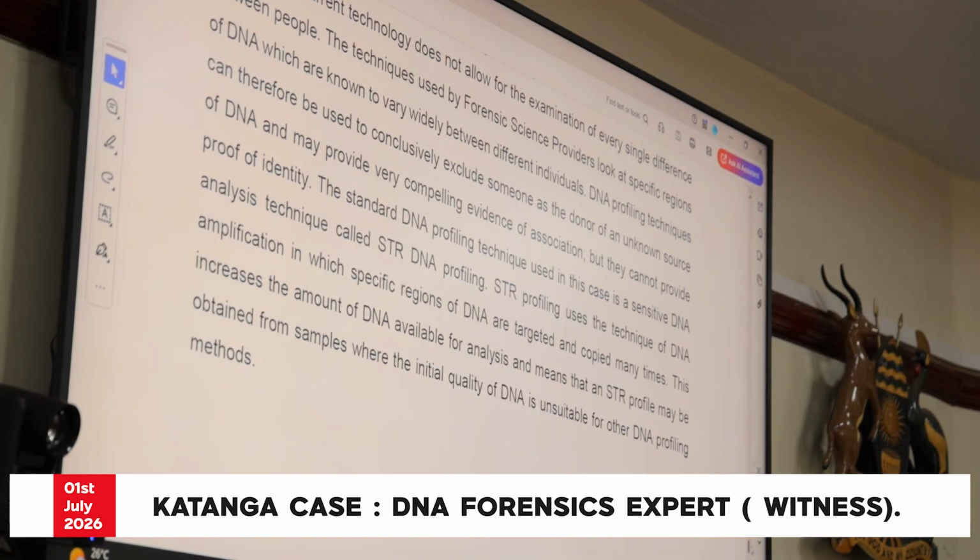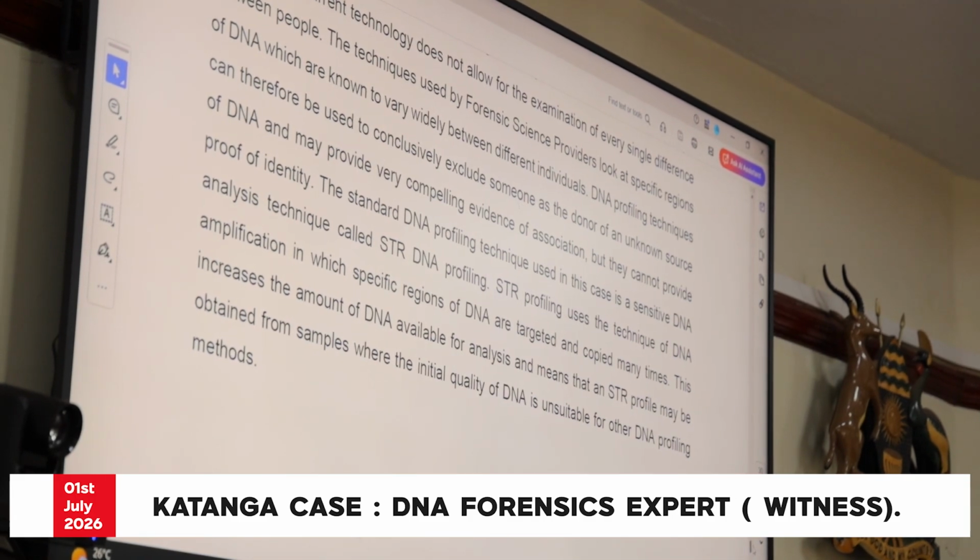This technique uses DNA amplification, in which specific regions of DNA are targeted and copied many times. This increases the amount of DNA available for analysis and means that an STR profile may be obtained from samples where the initial quality of DNA is unsuitable for other DNA profiling methods.